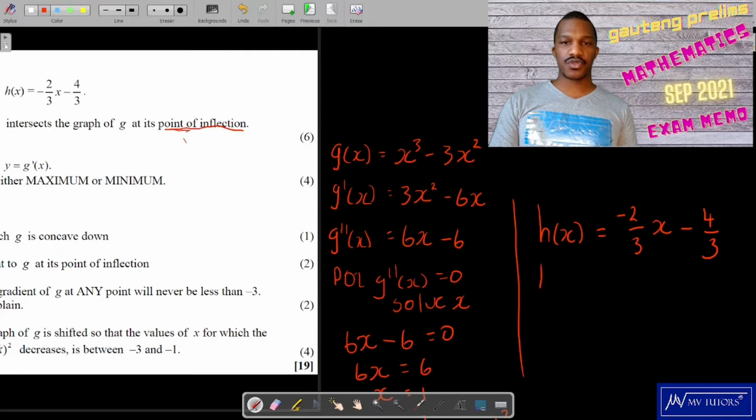So what I have to do is substitute that x value, which was 1. If this gives me minus 2 when I put a 1 there, then they do intersect indeed.